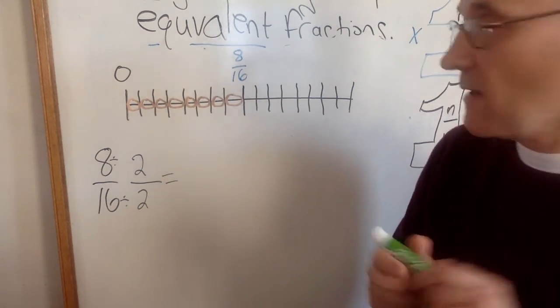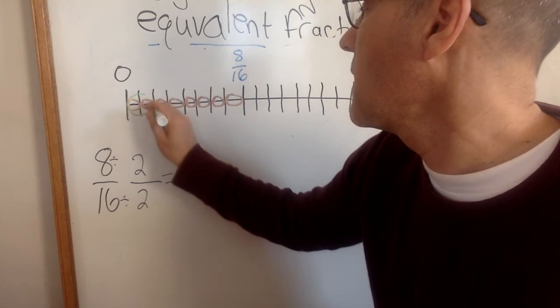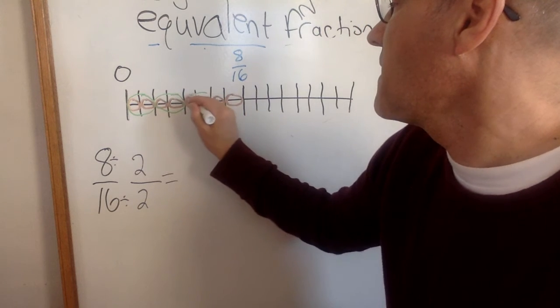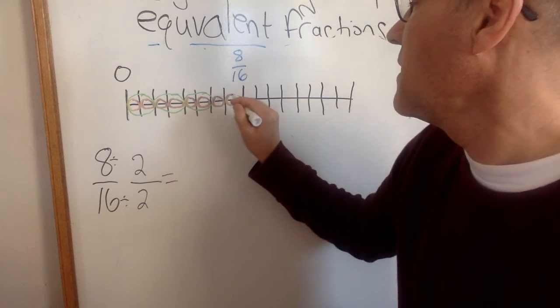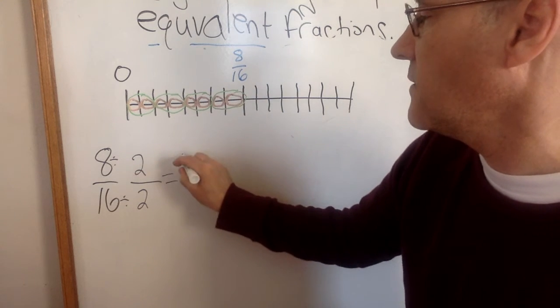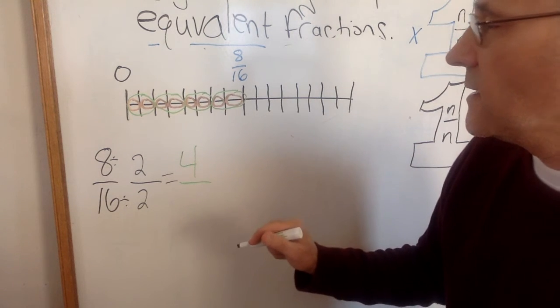So let's take a look. Well, there are 1, 2, 2 2's, 3 2's, 4 2's in there. 8 divided by 2 is 4. That's correct.